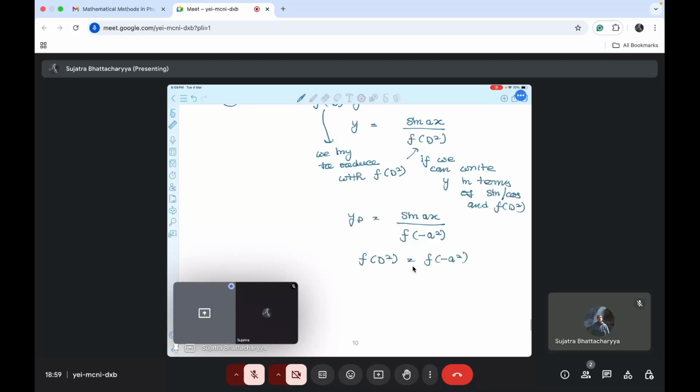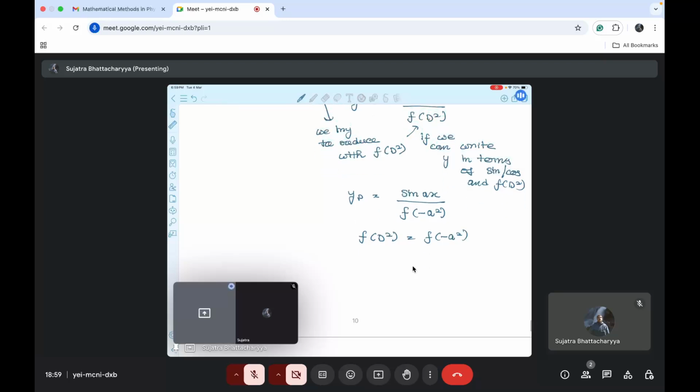Now, again, if your f of d square, which is equal to f of minus a square, is equal to 0, then again you multiply the numerator with x and differentiate the denominator.